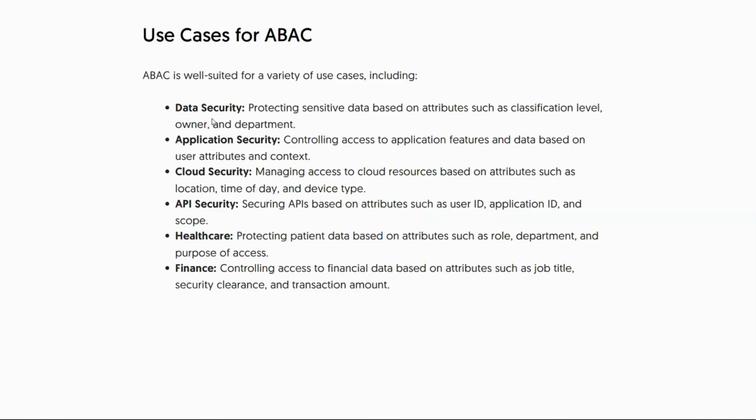So use cases: primarily you have data security, application security, cloud security. You can use this anywhere: healthcare, finance, any system, because in every system you are trying to manage access in some way, shape, or form. The moment you onboard an application, the application has a different set of access.